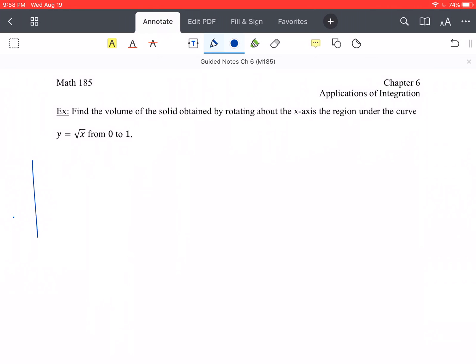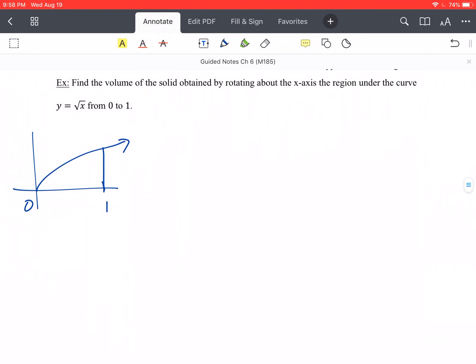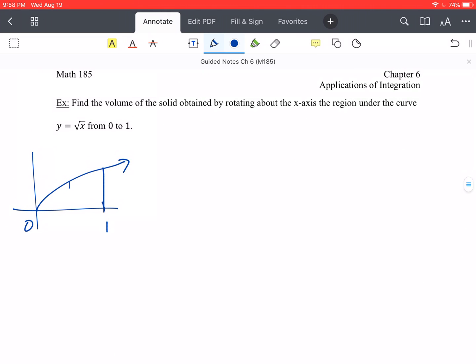So we have the square root function from 0 to 1. And we want to find the volume of the solid obtained by rotating it about the x-axis. So if we were going to look at an approximation of this, we would draw a rectangle.